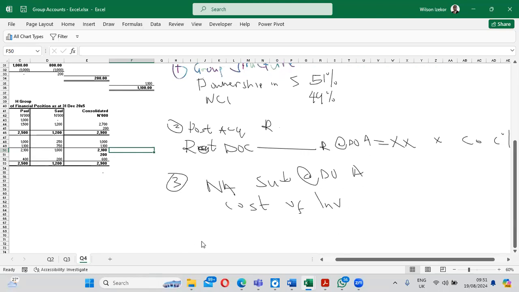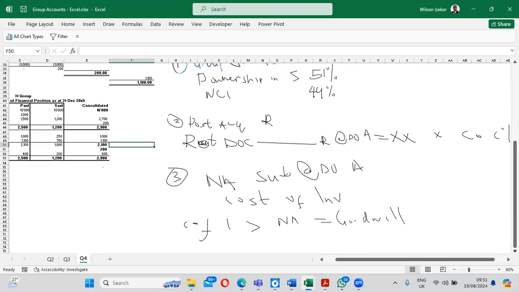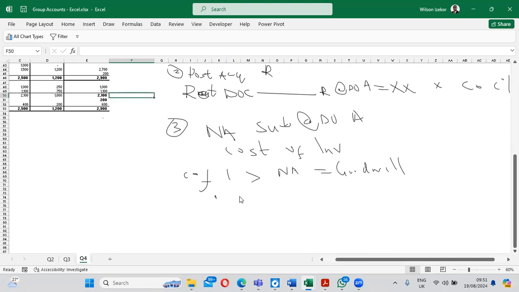We then say that if the cost of investment is greater than the net assets, we have a goodwill. And if the cost of investment is less than the net assets, we have a gain on bargain purchase. We said that this goodwill is not amortized.